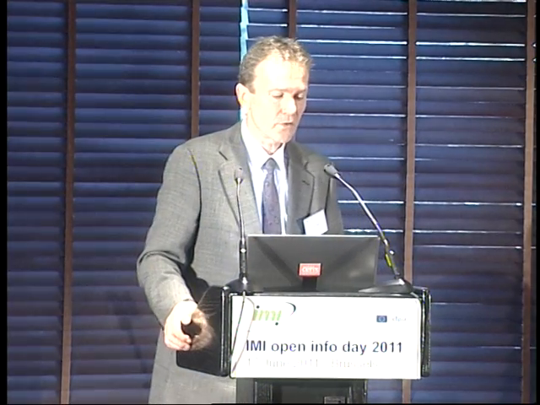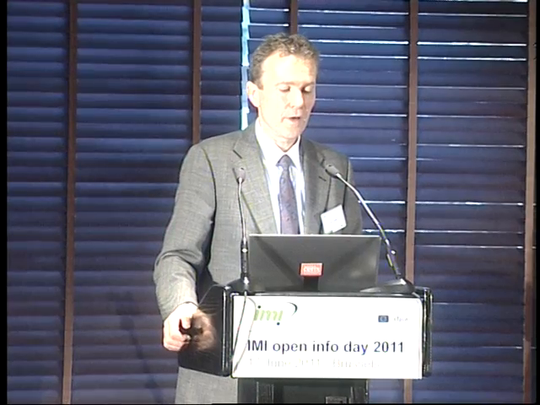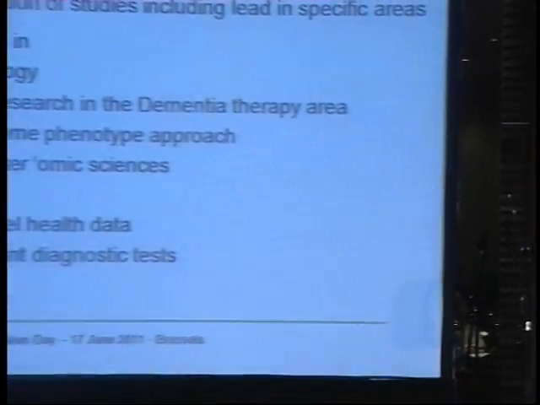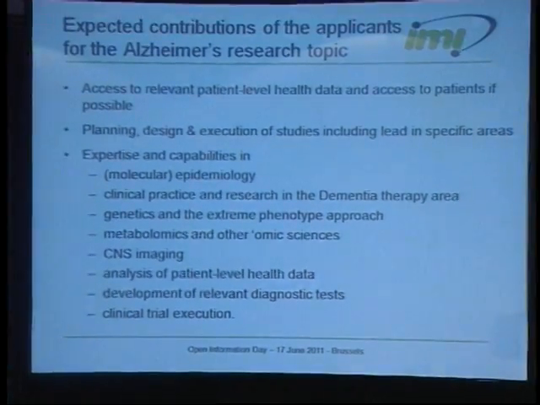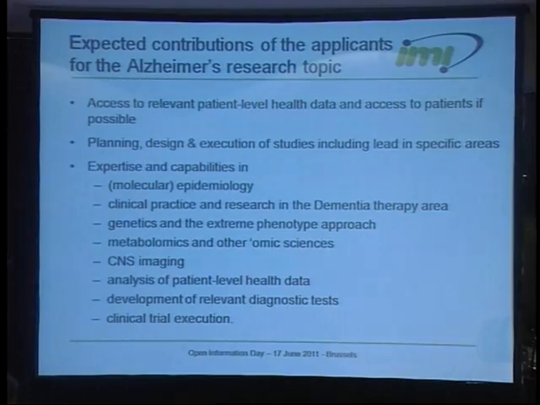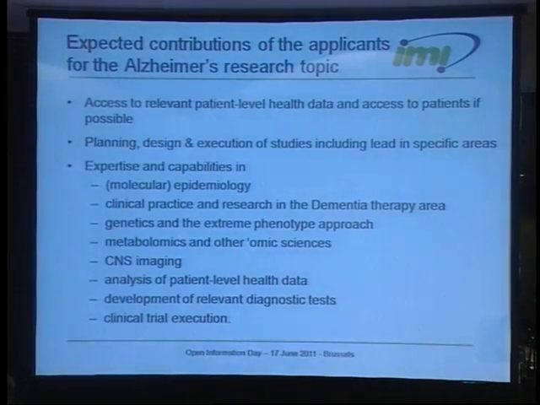So the expected contributions from an applicant consortium are basically the same. In the interest of time, I probably will not go through each one of them, other than to say, obviously, CNS imaging, which wasn't there before. In essence, we want to look at, number one, access to patients.